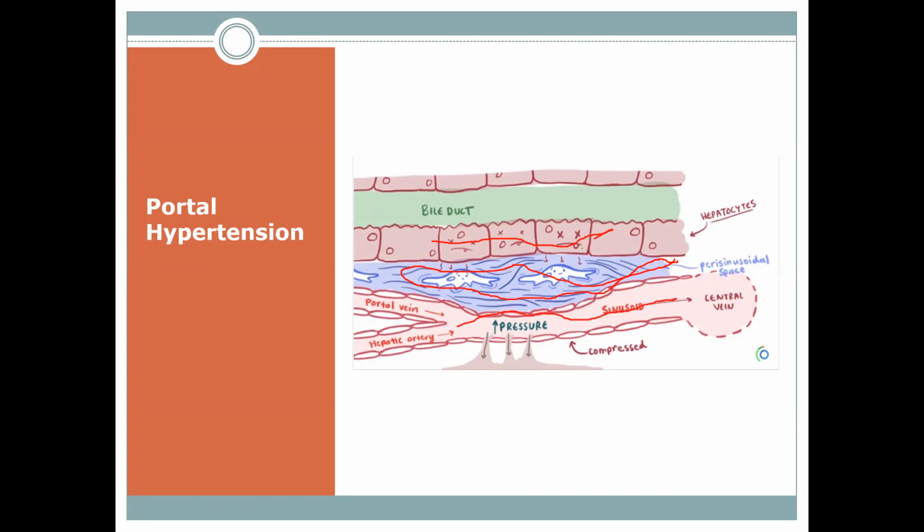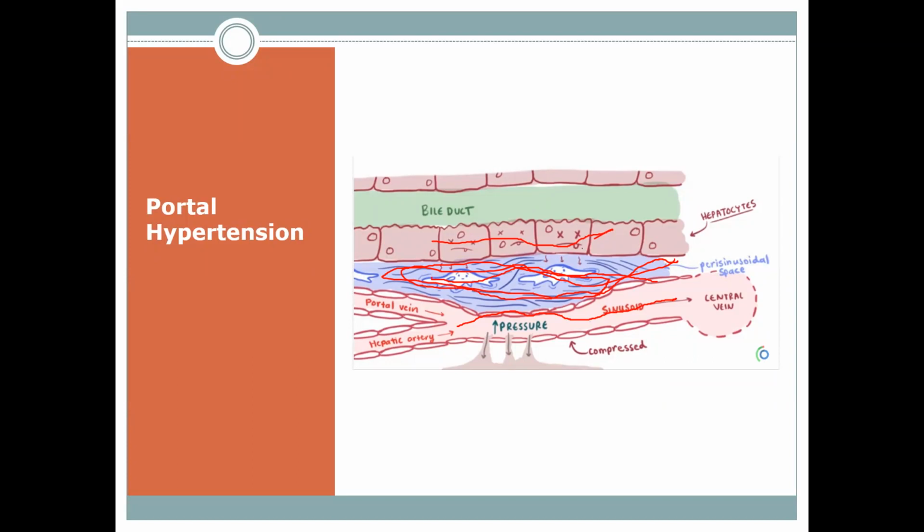In case of any injury to the liver, whether it is viral, metabolic, toxin, or ischemic, the end result is that this perisinusoidal space is going to become lined by a very thick layer of type 1 and type 3 collagen.